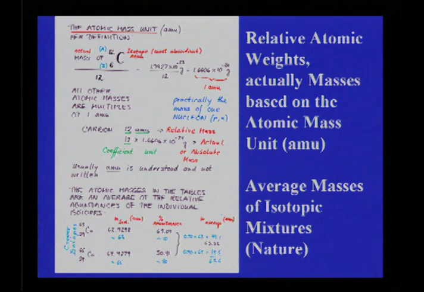I'd like to now talk about the famous AMU unit. The AMU unit stands for atomic mass unit, and it has been established by chemists per definition as having the actual mass of a carbon-12 isotope atom, for which we can establish the real actual mass. It happens to be 1.9927 times 10 to the negative 23 grams.